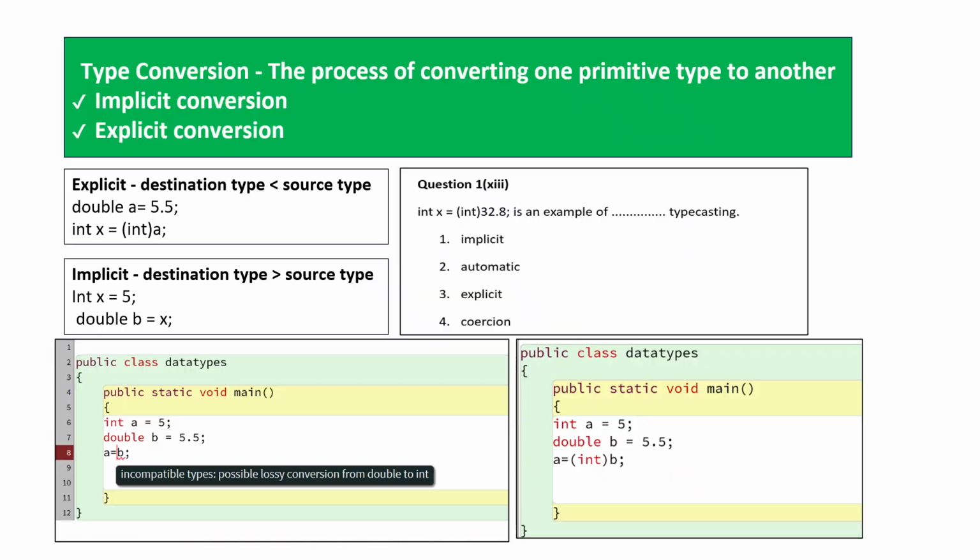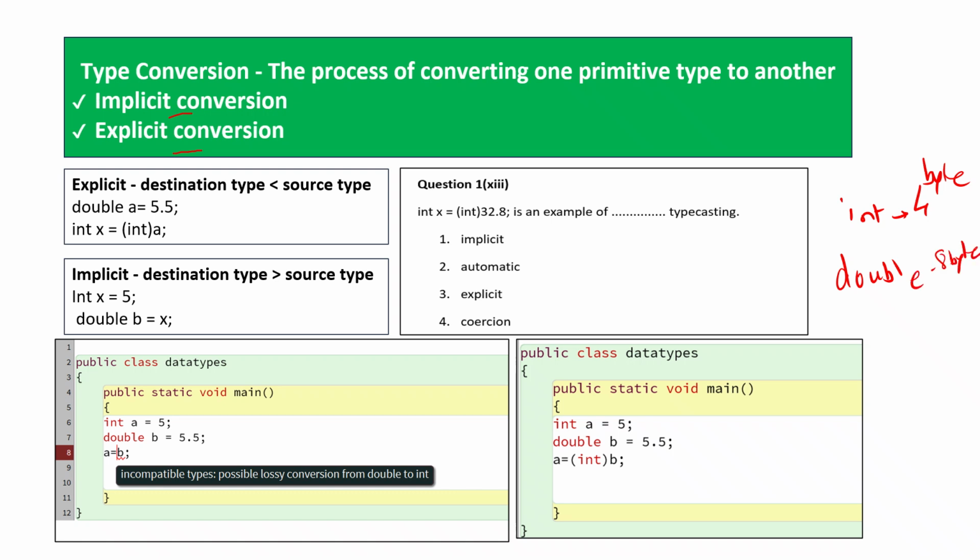Let's move further. We will now see type conversion. There are different primitive data types: int, double, char, short. There are two types of conversion: implicit conversion and explicit conversion. What is implicit conversion? We know integer occupies 4 bytes and double occupies 8 bytes.